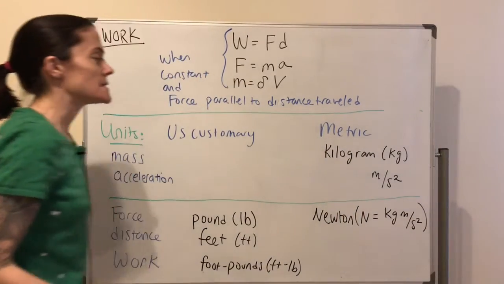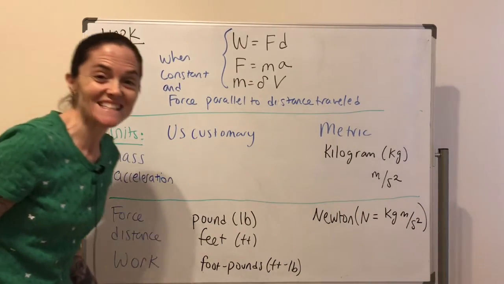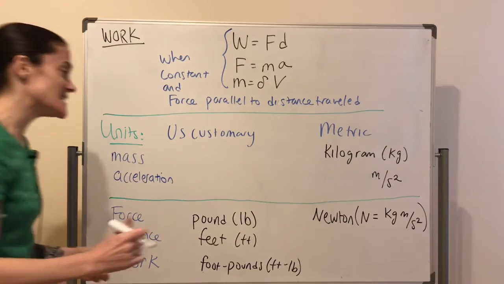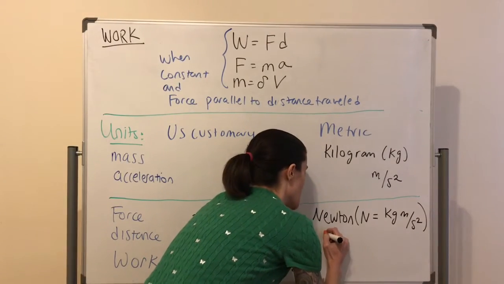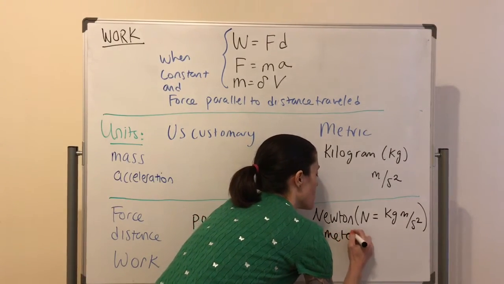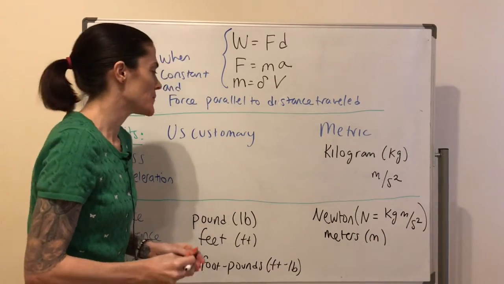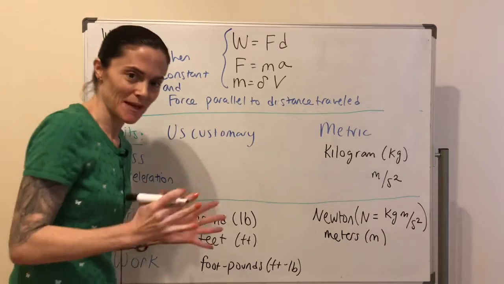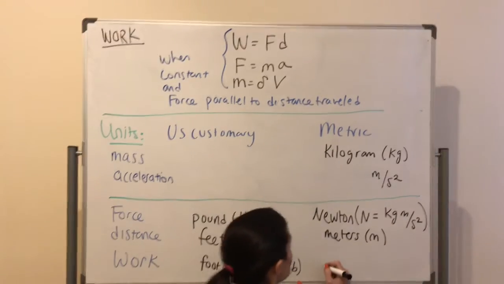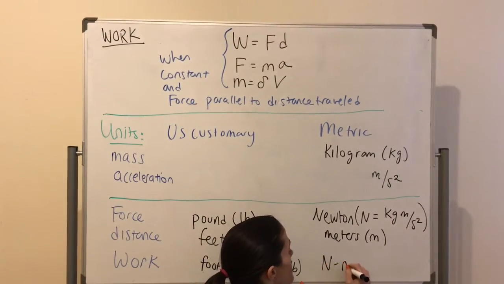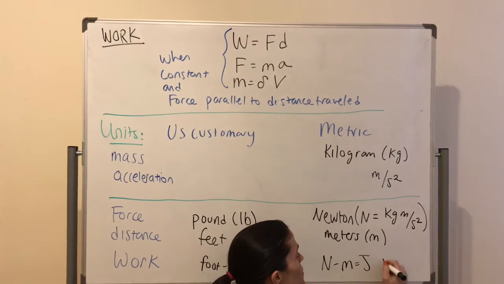This is the unit of force in the metric system. And then distance is meters, as we know. M. And the unit of work, one way to say it is a Newton meter, which is Nm. Or there's a word for it, which is joules.